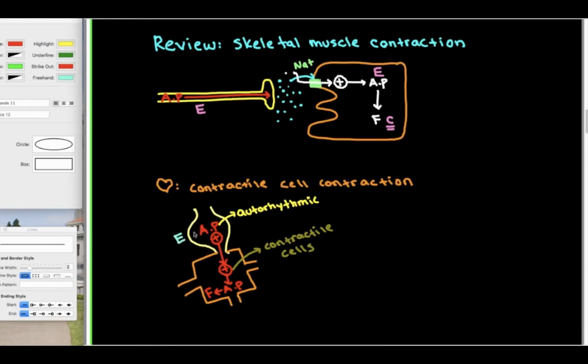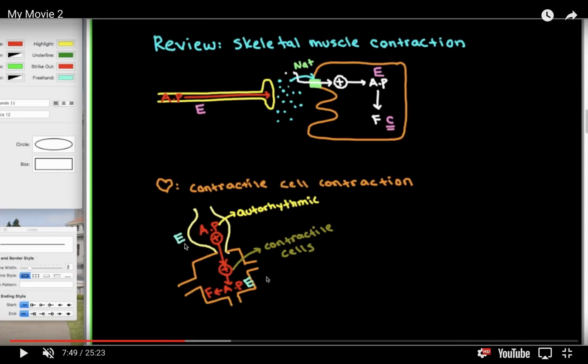So you have a very similar sequence. Excitation in a cell that does not generate force, just like before, transfers to excitation or an action potential in a cell that does generate force, just like before, and ultimately that excitation leads to contraction in that force generating cell, just like before.